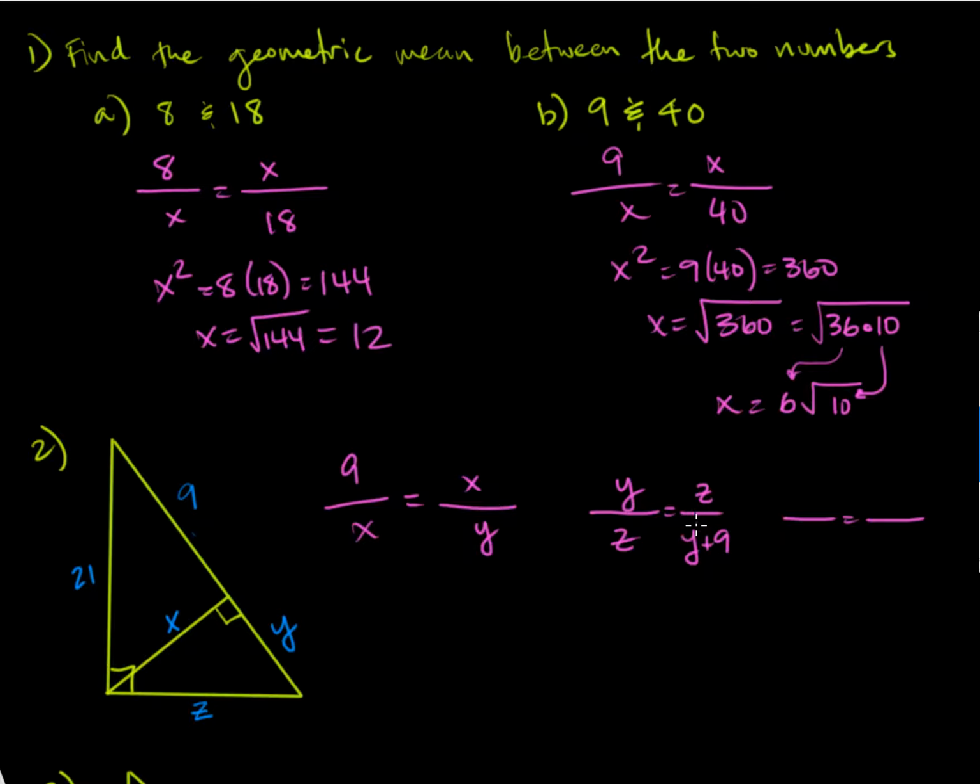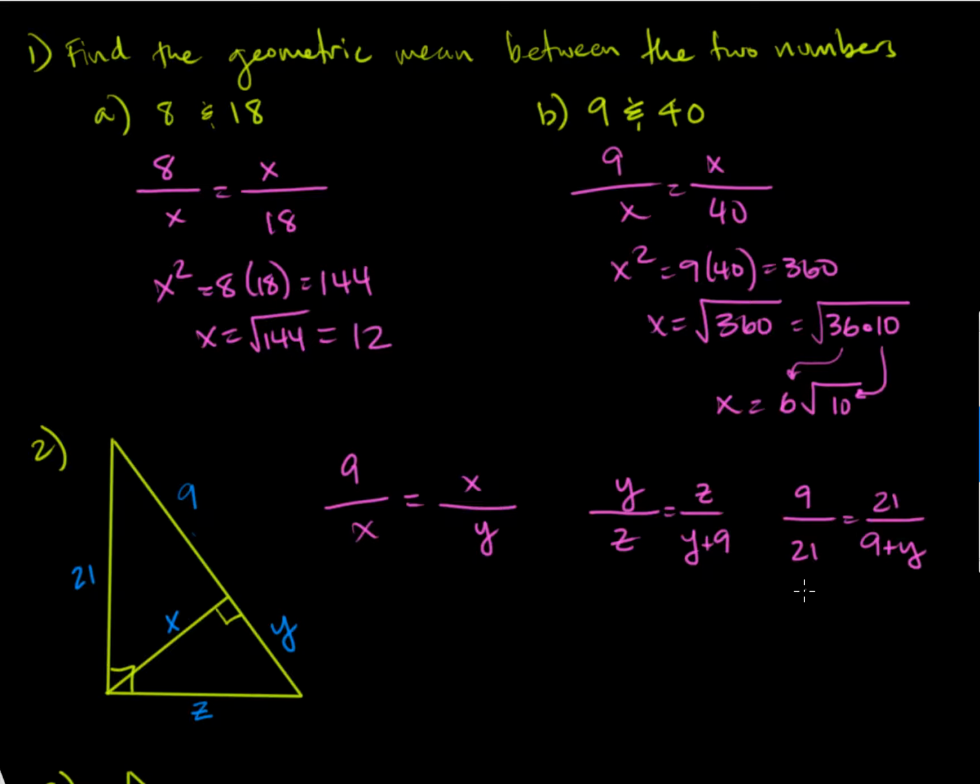Again, two variables, so we can't do much there. But if we come to this other leg, the 21, it is the geometric mean, again, between the part of the hypotenuse that's adjacent to that leg and the entire hypotenuse.